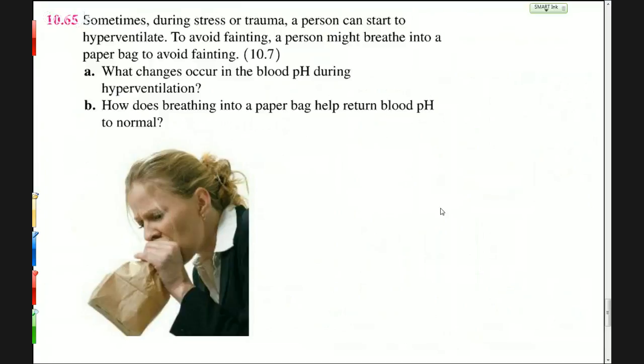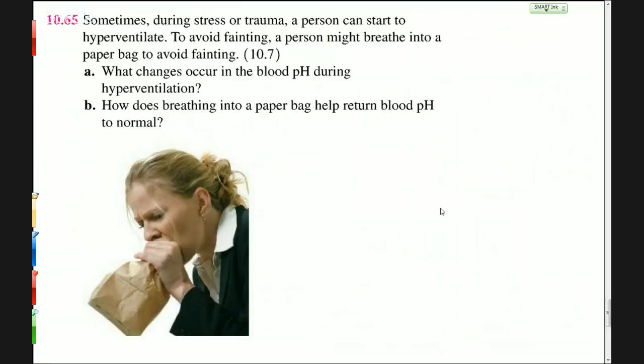When you breathe too hard, and then you get all faint and you fall over. So if someone's doing that, they might say, hey, breathe in this paper bag, right, to stop that. So how does that happen? If you are hyperventilating, what's happening to the blood pH and why?